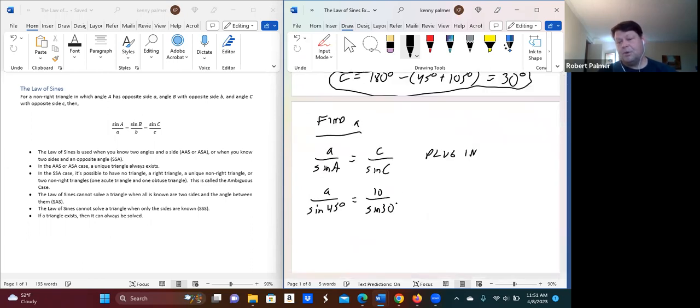Now I'm going to write this a little differently. Remember, the sine of 45 is just a number, and the sine of 30 is just a number. So multiply both sides by the sine of 45. So A is going to be the sine of 45 degrees times 10 over the sine of 30 degrees. Then I'm just going to go to Desmos and do that.